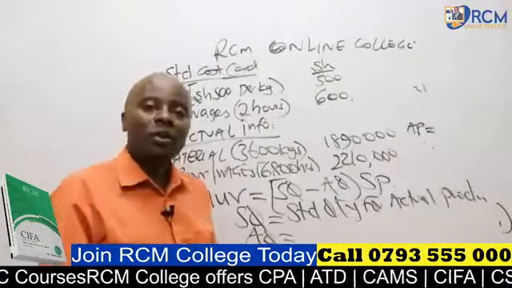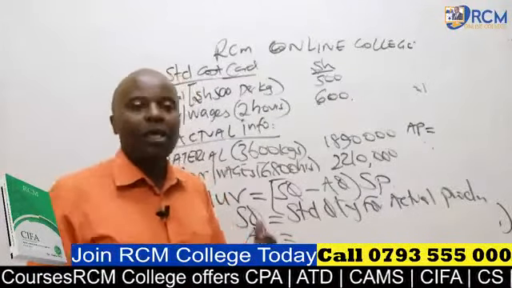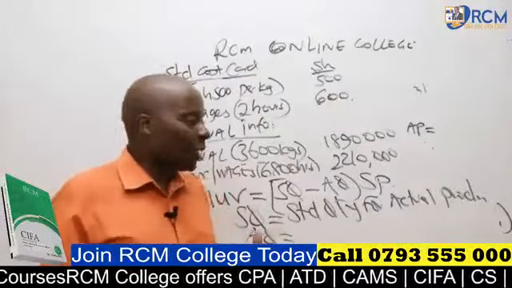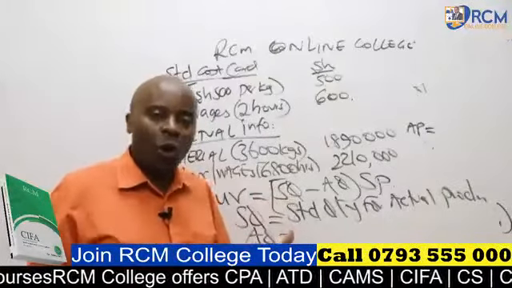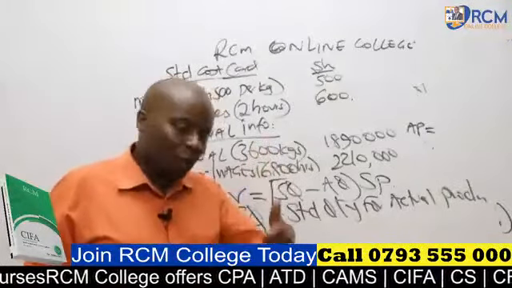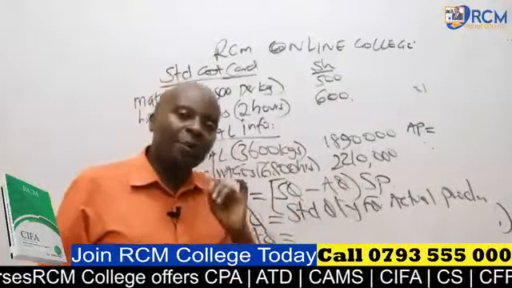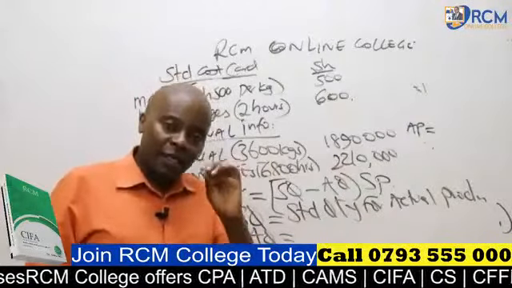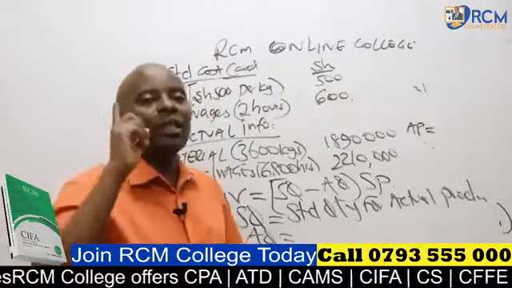Our AQ is the actual quantity that was used. And then, of course, SP stands for standard price per kilogram.